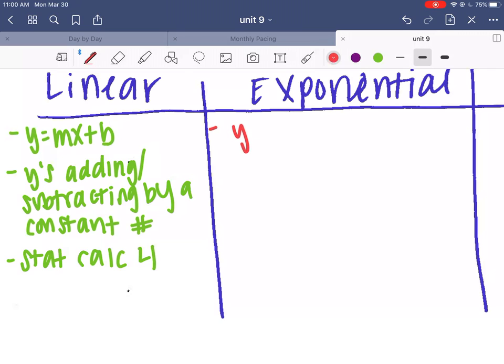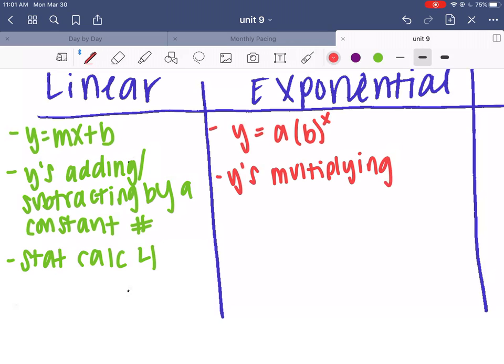Our exponential function, the equation is y equals a times b to the x power. The x is the exponent in exponential. Hopefully you'll remember the y's are multiplying. They're not dividing, although it may look like it's dividing when it's multiplying by a fraction, but it's multiplying by a constant number.